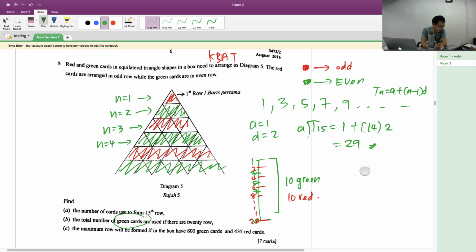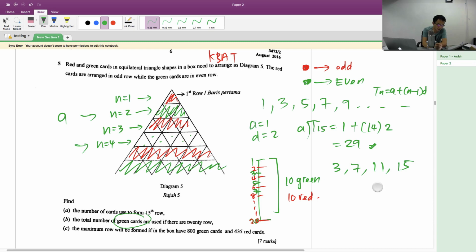Since the green color is even, I will start from 3, because this one is my first term, a. The next one is this one, 4. For row 4, how many triangles do I have? I have 1, 2, 3, 4, 5, 6, 7. And the next one, I know I actually plus 4, 11 plus 4 is 15.